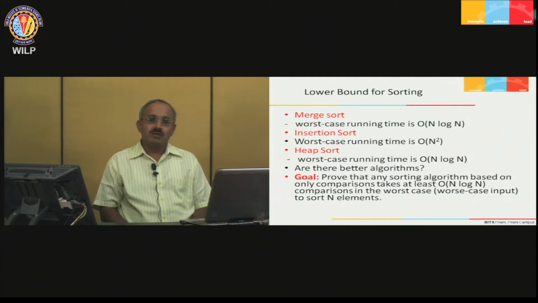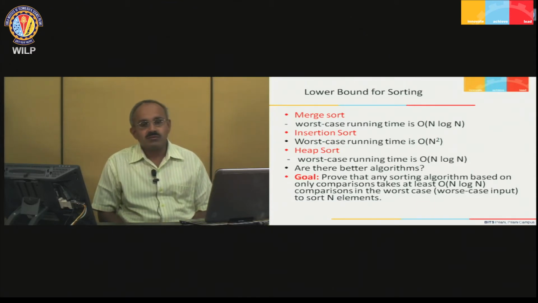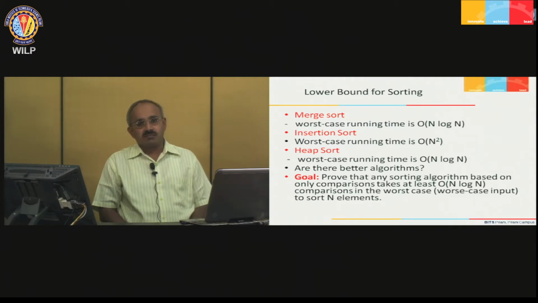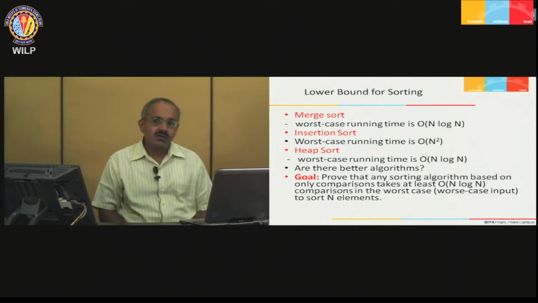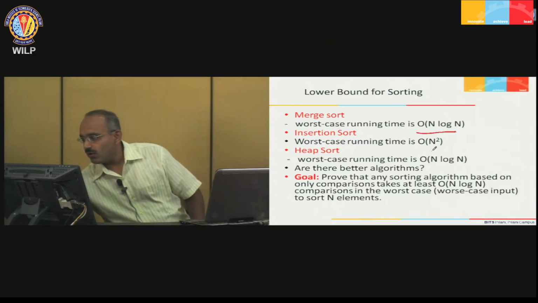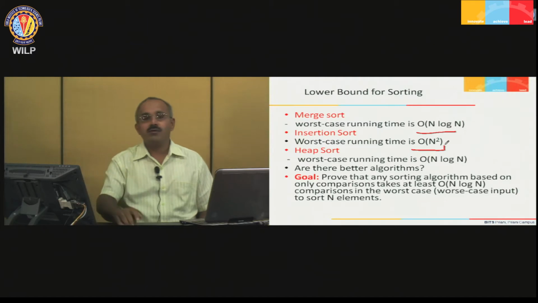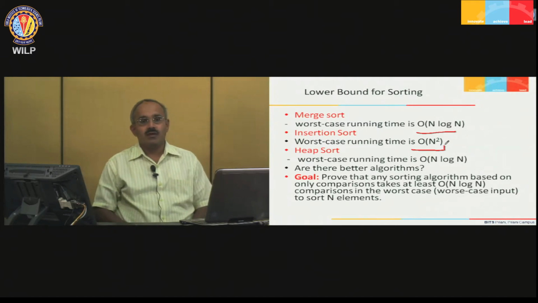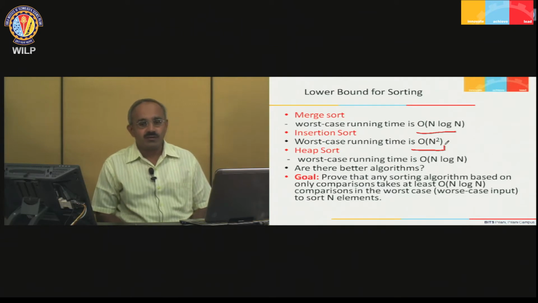So, the obvious question is, what is the best algorithm out of these? Or another question is, can we do better than this? For example, we are moving through n log n or n squared. Can we still do better than this, or what is the best that we can do?